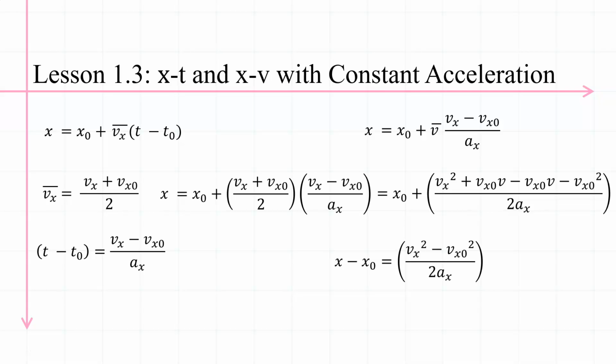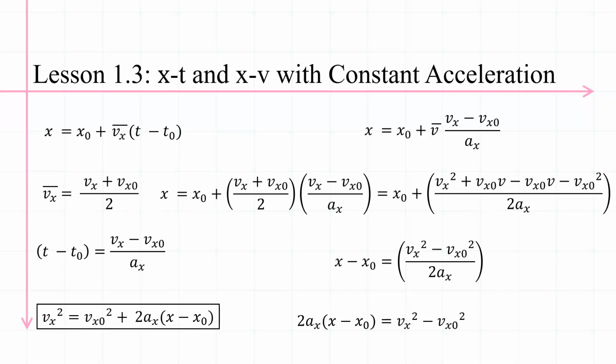I'm going to try to get vx on a side by itself. So how am I going to do that here? Well, I'm going to multiply both sides by 2 times the acceleration. Now I'm very close to having vx on a side by itself. The last step is just to add vx0 squared to both sides, and that gives me my velocity distance with acceleration equation.